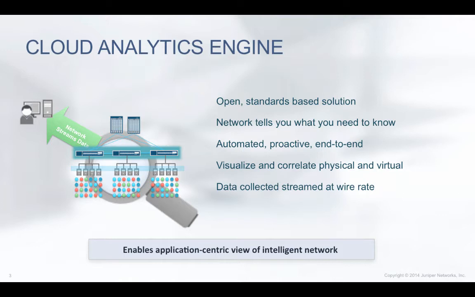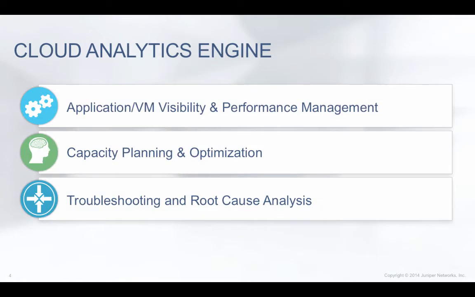CAE is a single integrated analytics solution providing an application-centric view of network statistics compared to other solutions that require third-party functionality to be pieced together. At a high level, CAE addresses the following requirements: application or virtual machine visibility and performance management, capacity planning and optimization, troubleshooting, and root cause analysis.